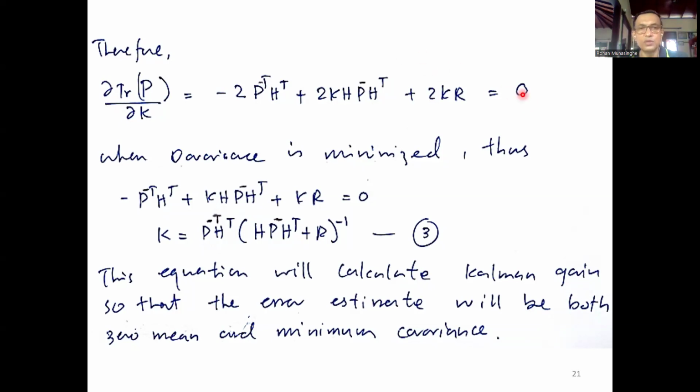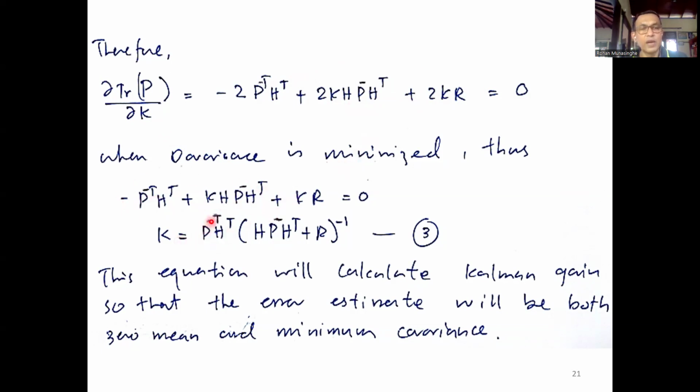When you set this to 0, as a result of partial differentiation with respect to Kalman gain, the result also has Kalman gain. So when you set it to 0, you can find an expression for Kalman gain, which is this one.